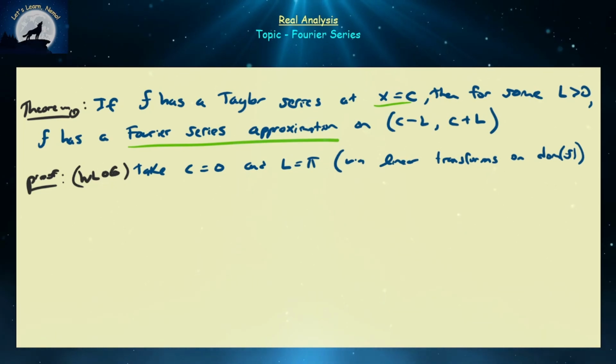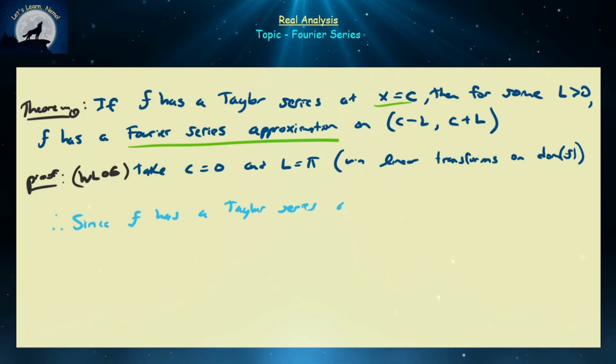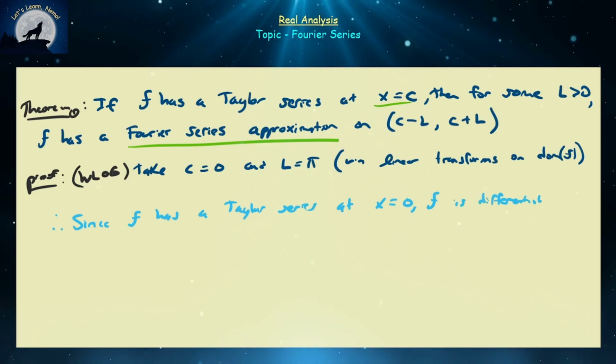So what do we know? Since our f has a Taylor series at x equals 0, this means that both the differentiability and the convergence criteria are satisfied for that function f. So since we have that f is differentiable, then we also have that f is continuous.